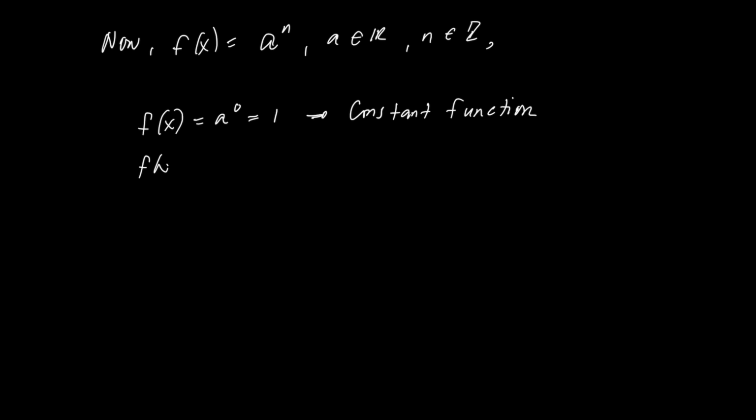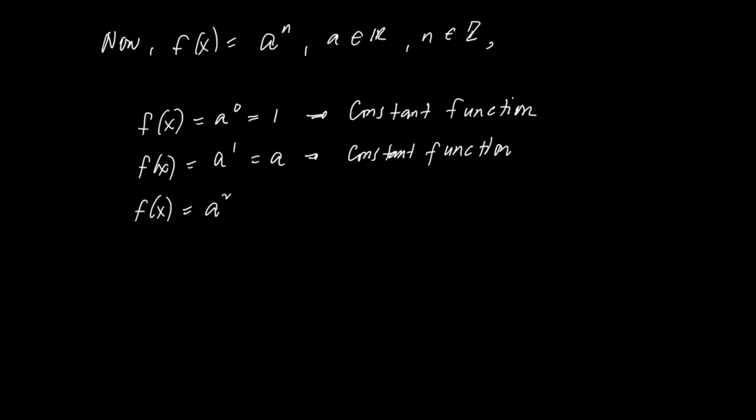How about f of x is equal to a to the 1, which is a? Again, a is any real number. So therefore, this is just, yes, a constant function again. How about f of x equals a squared?